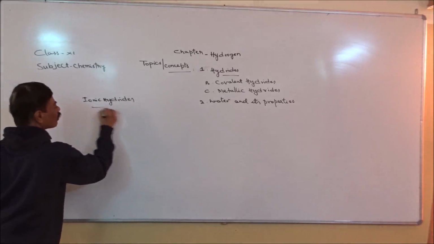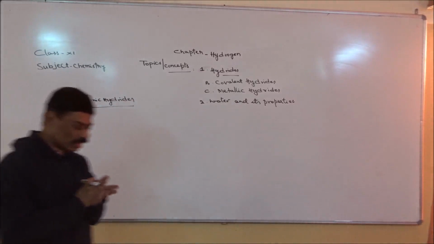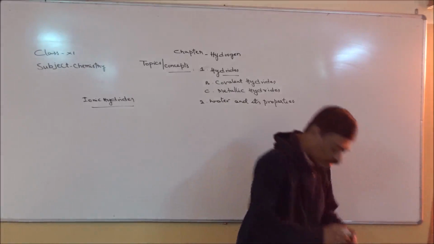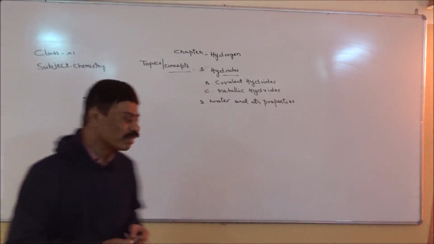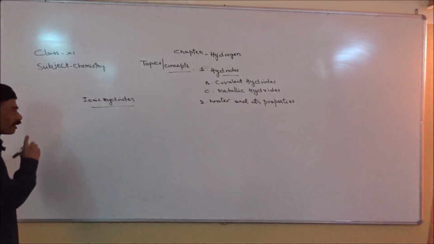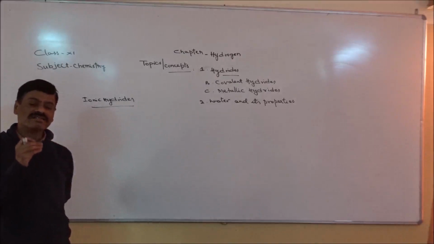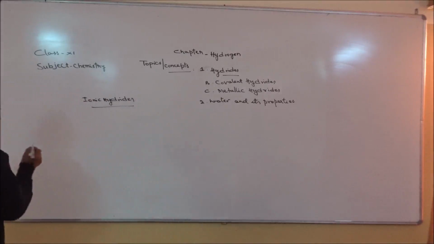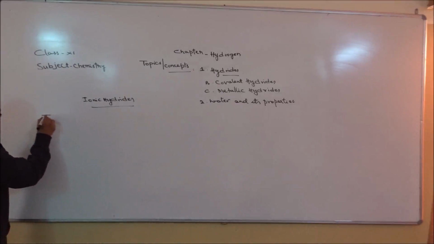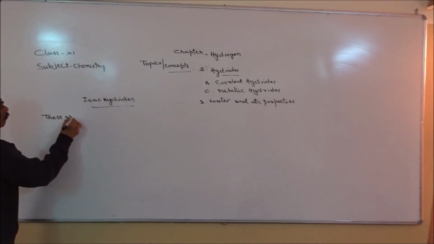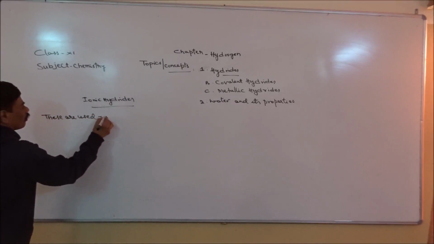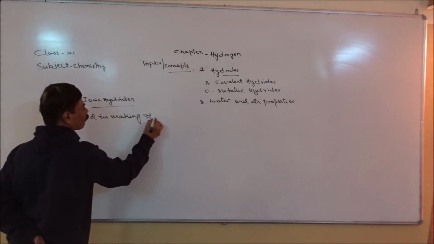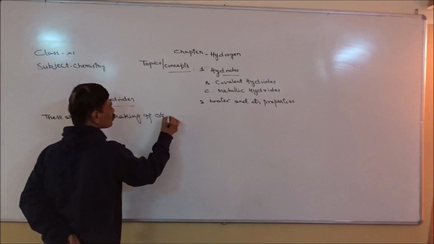And in that ionic hydrides, S block metals form hydrides when they react with hydrogen. Right? Best example is lithium hydride. And these hydrides of S block are used in making of other compounds.